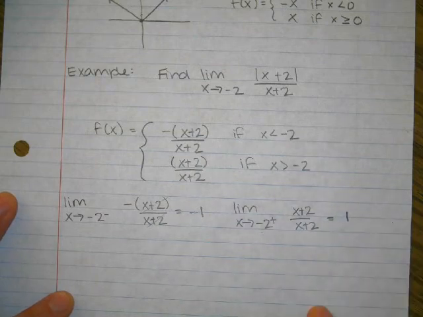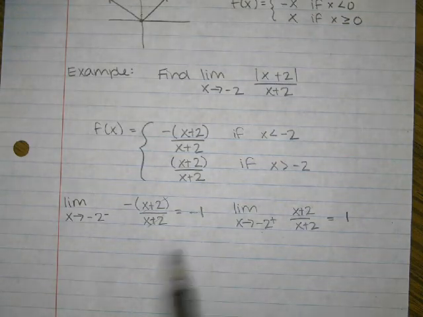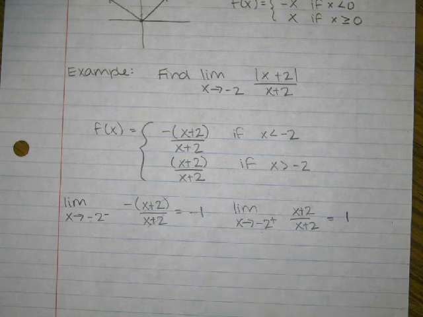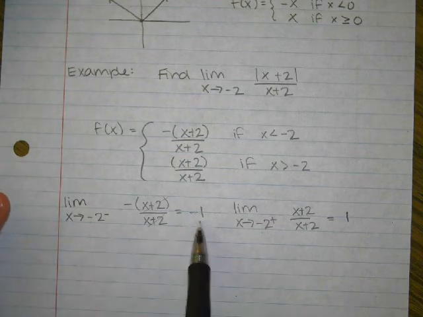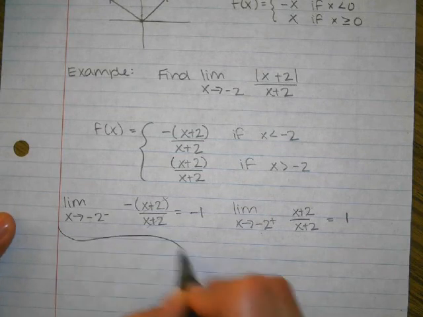And it was necessary for us to do that step of canceling the factors because negative 2 is still not in the domain even though I've simplified this. Even though I took the absolute value away, I still had something that was not within the domain. So I had to think of canceling those out. So when I look at this, the limit from the left side is negative 1, the limit from the right side is positive 1.